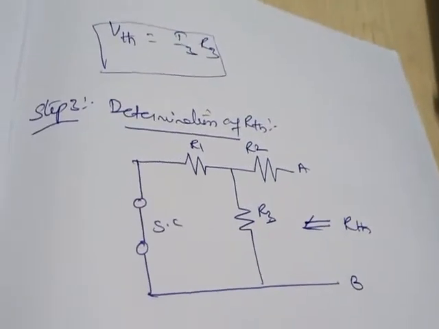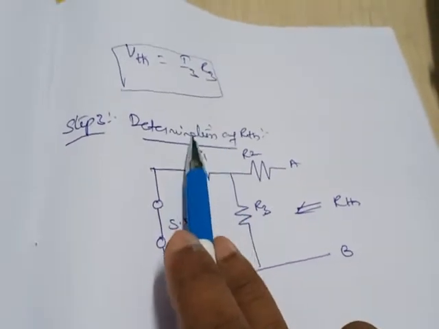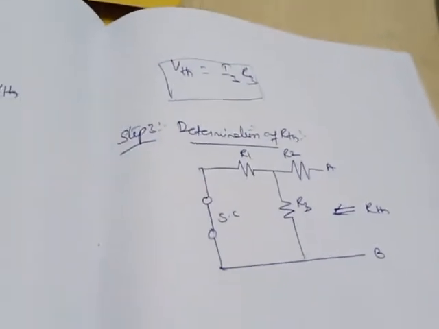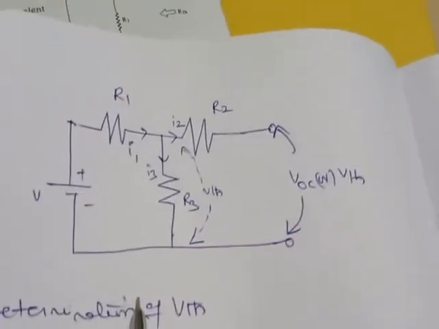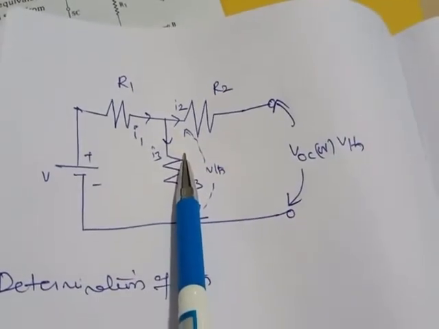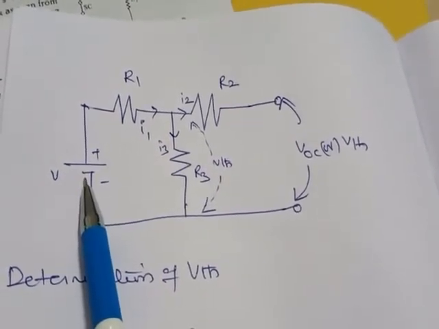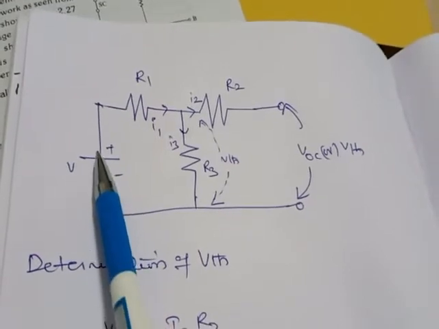Now we will go for step 3. In step 3 we need to find RTH, the determination of RTH. To find RTH, take the same circuit we considered in step 1. If there is any voltage source and it has some internal resistance, then it has to be replaced by its internal resistance.